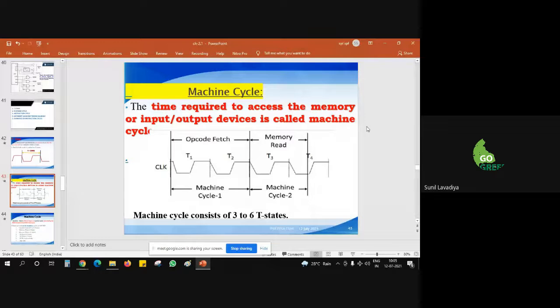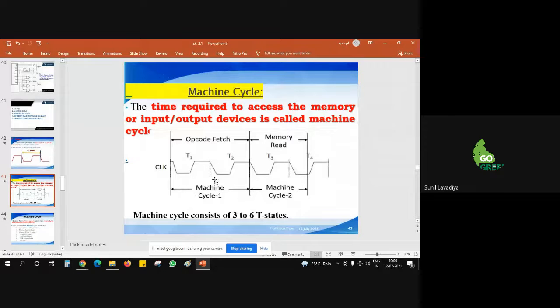So the machine cycle is always the larger one because all the things are covered in it, but a T-state is only for a specific part. Always a T-state is a part of a machine cycle, and there are fewer machine cycles compared to T-states. I hope everyone understood this part.